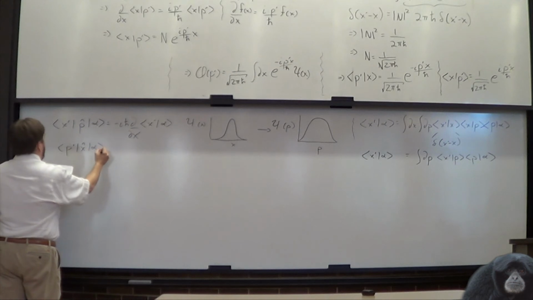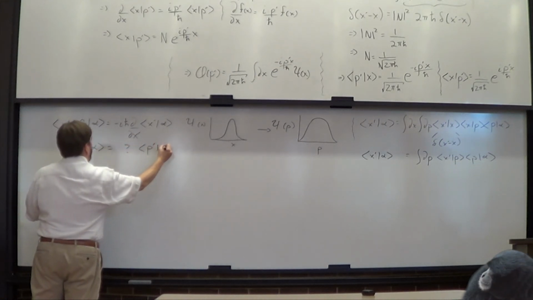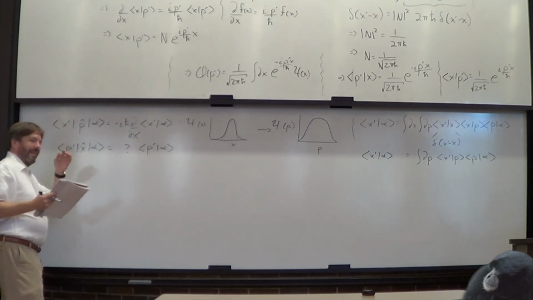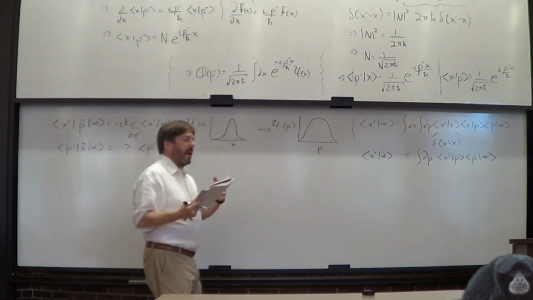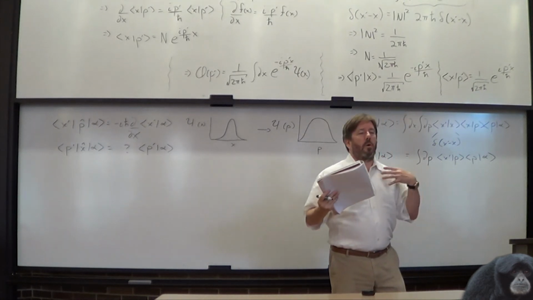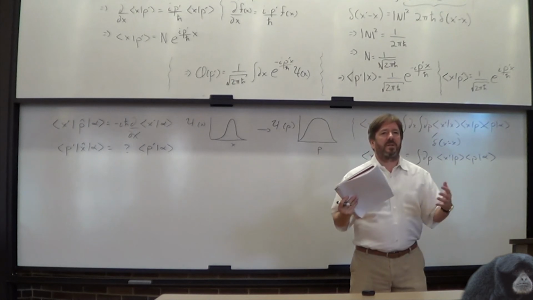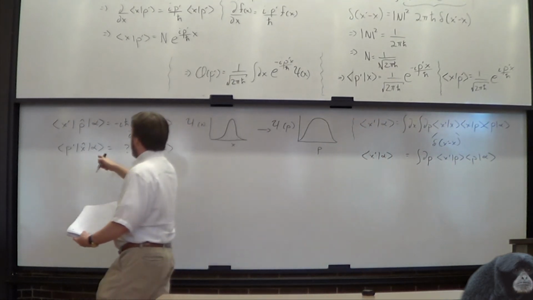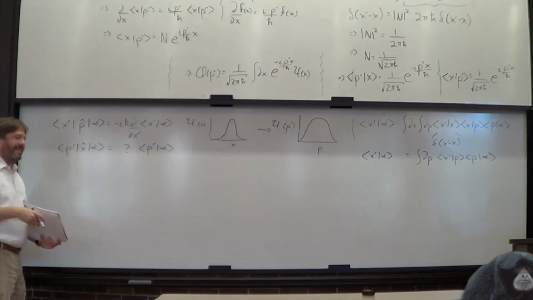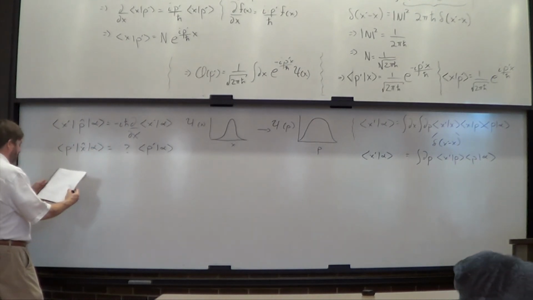I want to turn the tables. I'm totally fine with position and wave functions, but now I want to do momentum wave functions. But I might want to know where that momentum wave function is in real space. So what's the position operator if I'm in momentum land?